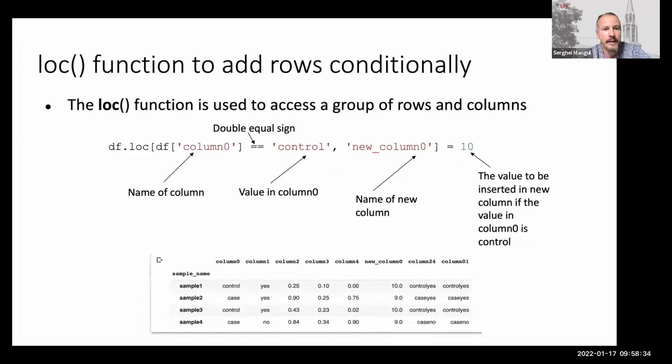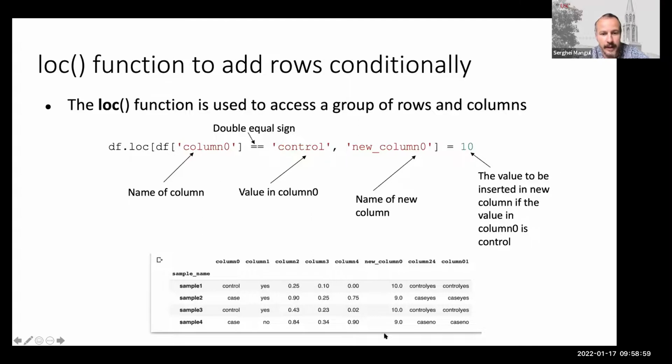So we would need that. We'll use the log function to add rows conditionally. Okay, so let's see. We ask the question: look at column 0.